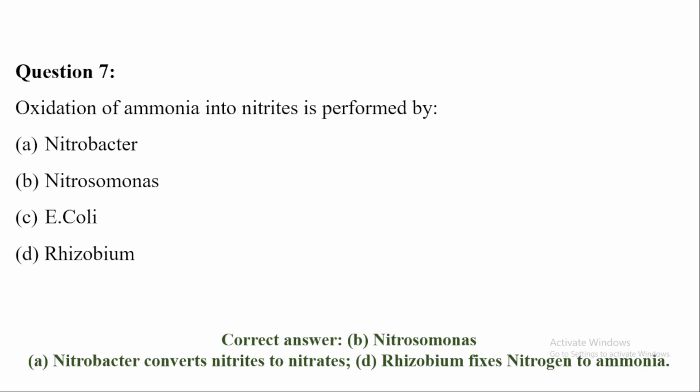Then comes into the picture Nitrobacter, which converts these nitrites into nitrates. So each step is done by one genus of bacteria. Okay. So the answer for this question is Nitrosomonas, for oxidation of ammonia into nitrites.